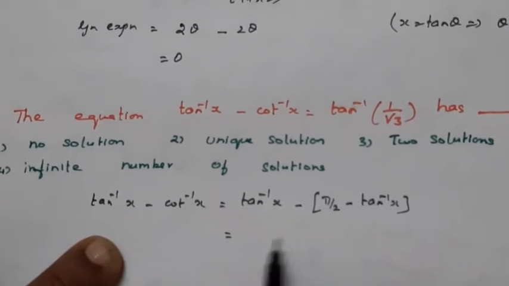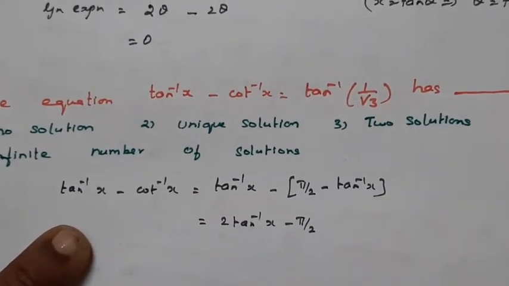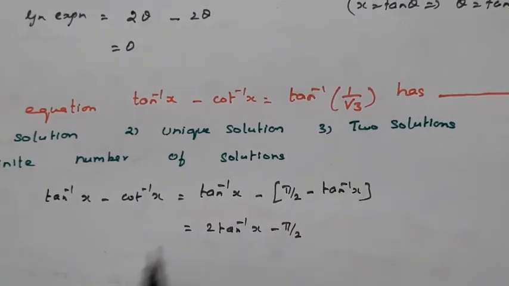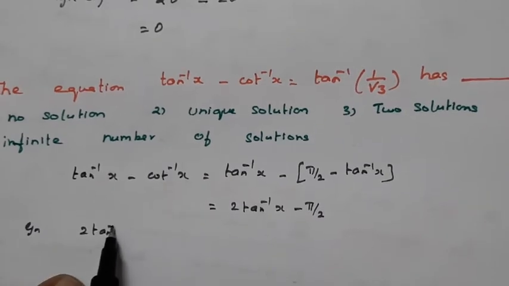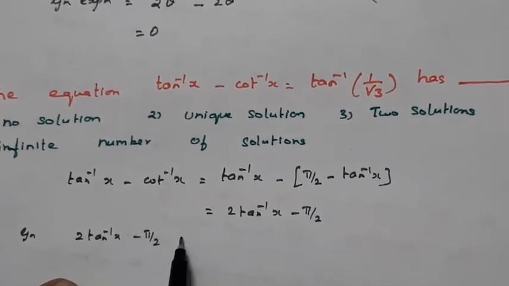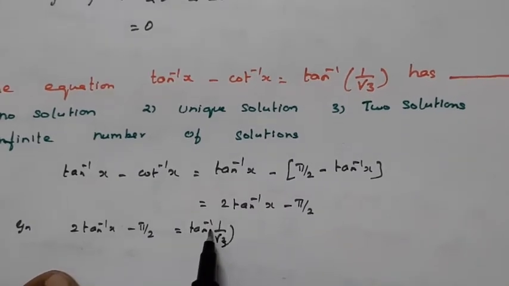So, minus into minus plus, this will be equal to 2 tan inverse of x minus pi by 2. But this is given as tan inverse of 1 by root 3. So, given that 2 tan inverse of x minus pi by 2 is equal to tan inverse of 1 by root 3.